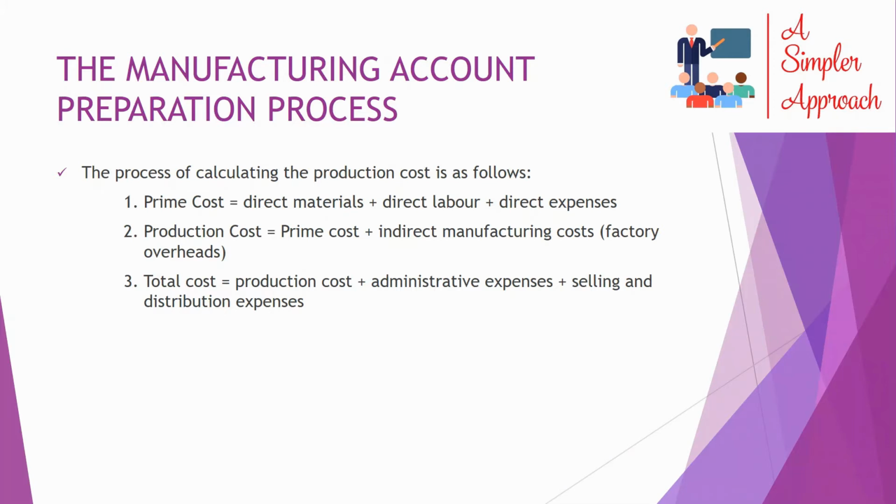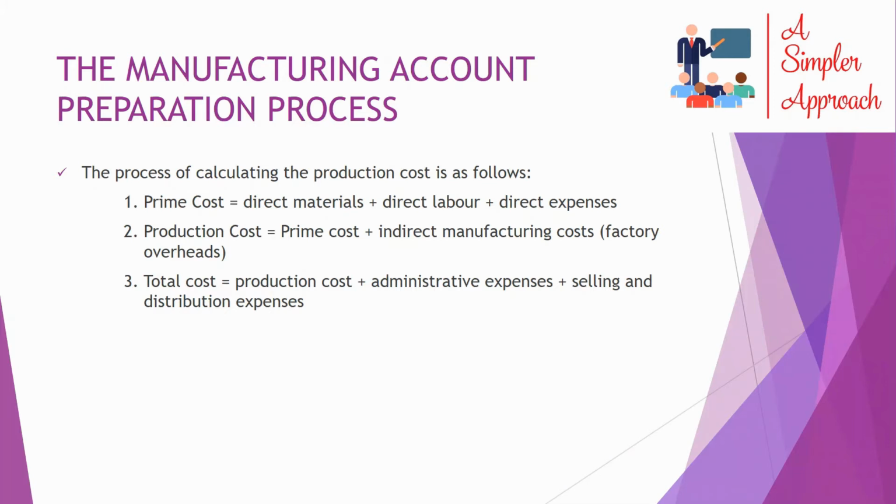For example, the janitor's wages, depreciation of factory equipment, factory lighting or power, or factory utilities, those are indirect manufacturing costs that are critical to the entire process, but they cannot be directly linked to the item that is being manufactured.